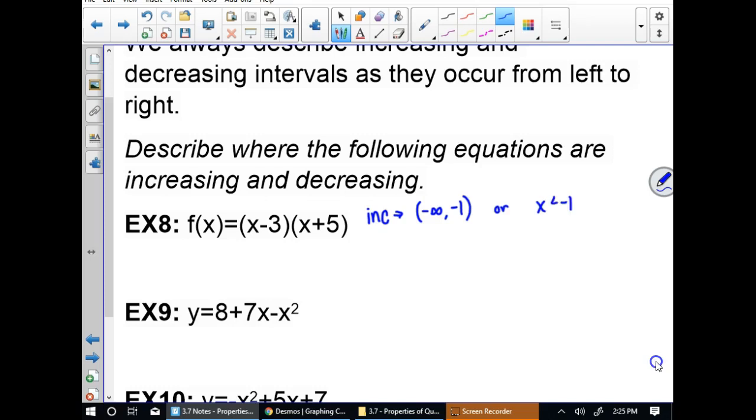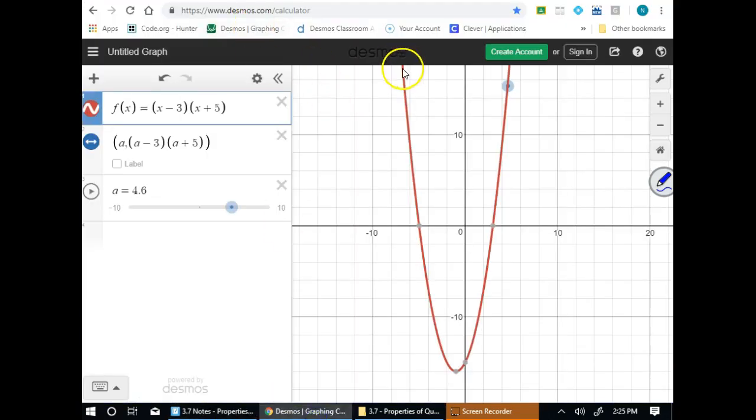So for any value less than -1, oh, I have this backwards, that is not increasing, I should say decreasing. Okay, so from -infinity all the way up to an x coordinate of -1, we see that the function is decreasing.